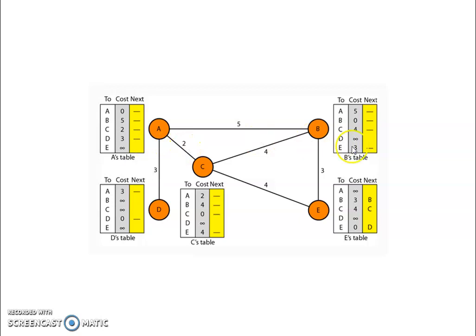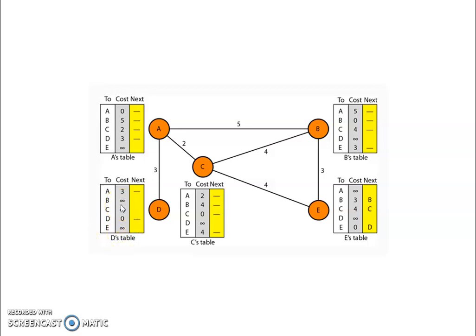Similarly, an initialization table is maintained for nodes B, C, D, and E. Here D is not an immediate neighbor of B, so the distance to D is noted as infinity. Similarly, for C, node D is not directly connected and the distance to D is noted as infinity. And for D, C and E are not directly connected.